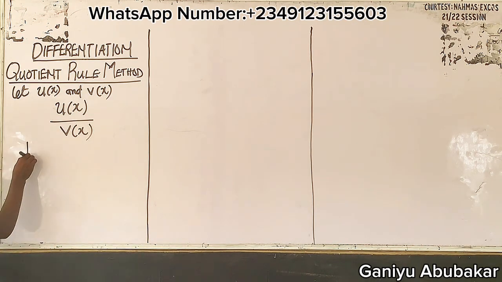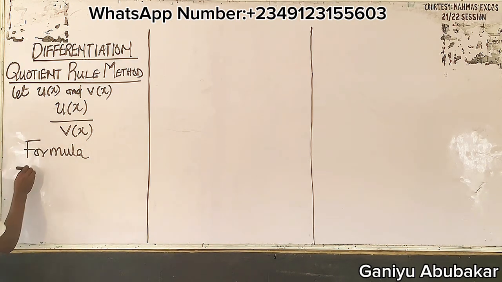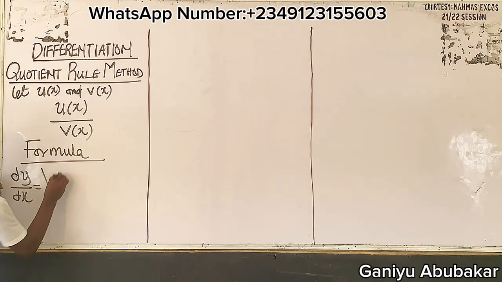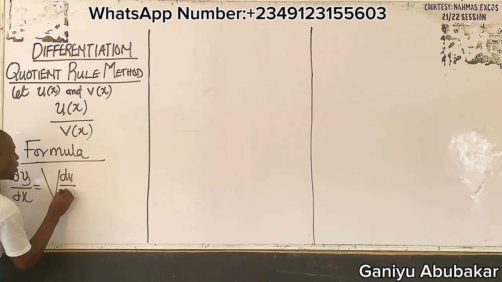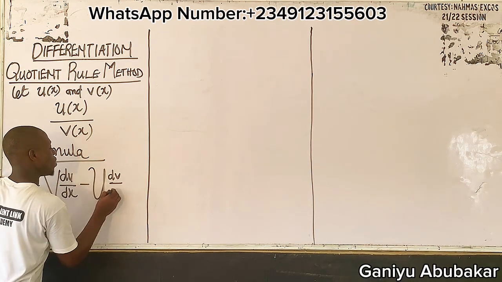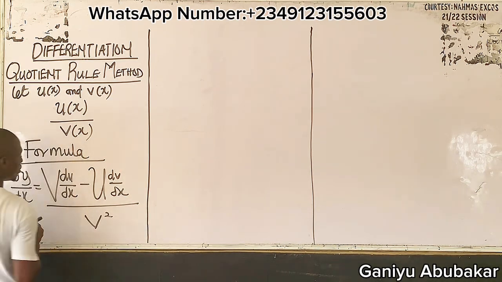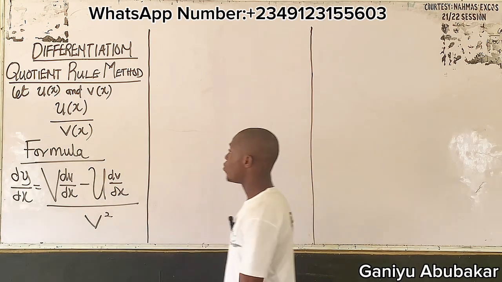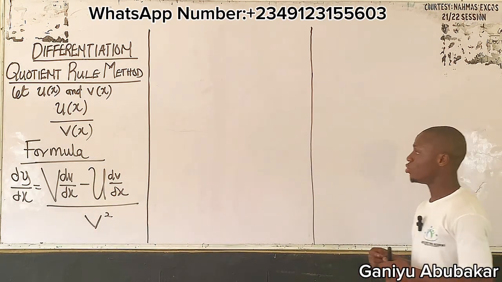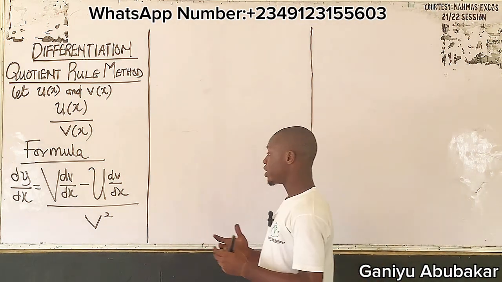So the formula for the quotient rule is given by dy over dx is equal to v du over dx minus u dv over dx, all over v squared. This is your formula for solving problems under the quotient rule.